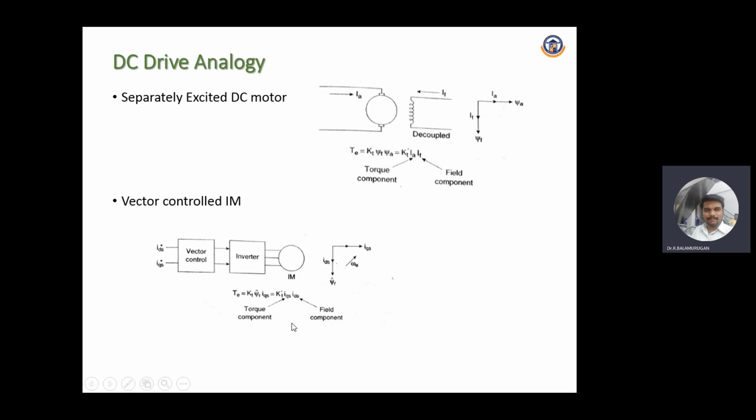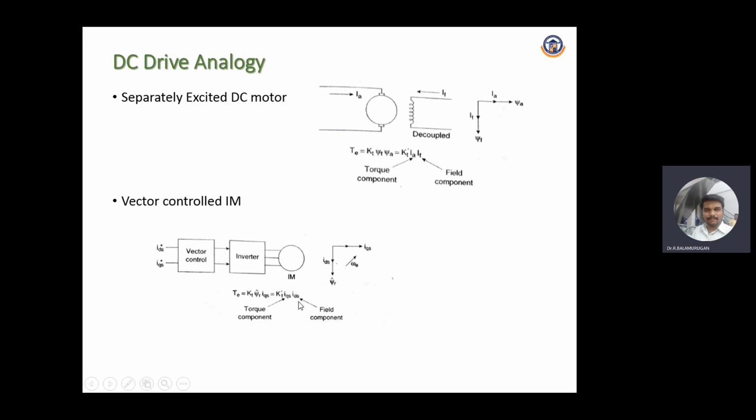In the same way, we have modeled the same structure as followed in the separately excited DC motor drive. Here the torque component is IQS, which is equal to IA, and IDS, which is equal to IF. The torque component is IQ and the field component is ID.